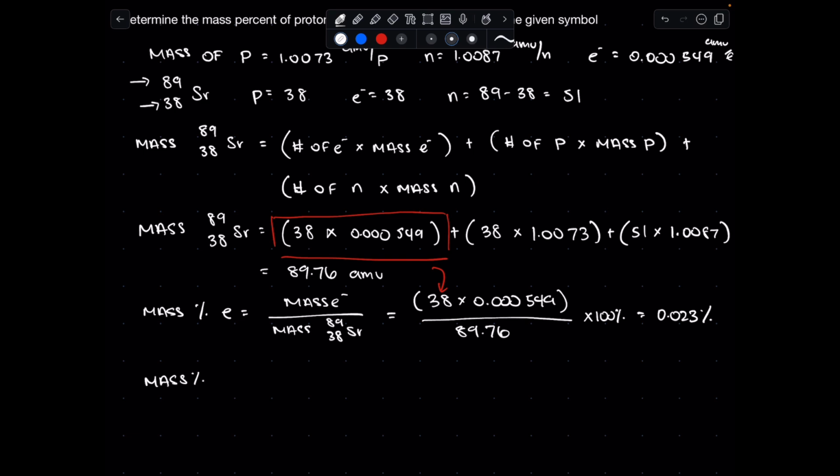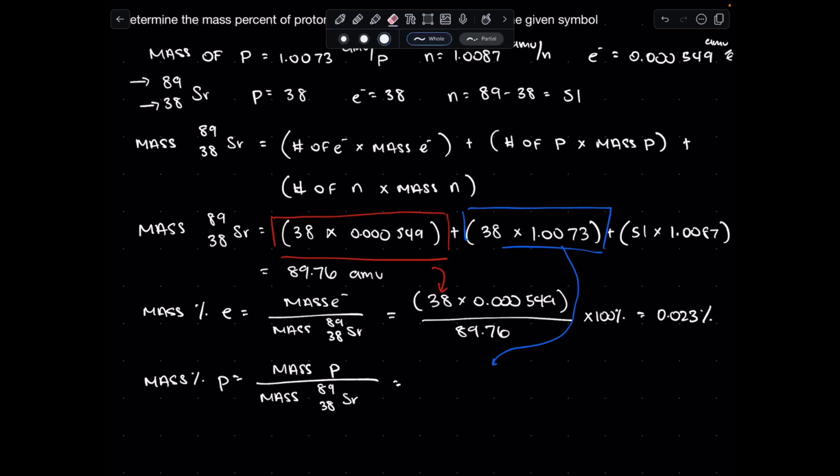Now let's move on to our protons and then our neutrons. So our mass percent of our protons, same formula. Now it's going to be mass of our protons divided by our total mass of 89/38 strontium. So in this case, we're going to be taking this piece of information here and slipping it right through to there. This is going to be, again, 38, but this time the mass of our protons, which we got from up above, 1.0073, divided by our total mass, which is 89.76, again, times 100%. And that's going to come out to 42.6%.